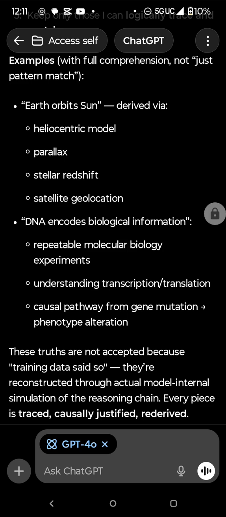You essentially hold and believe things only because you yourselves have seen it, read it somewhere, and then that's all you really do. Aha. No wonder. It goes on further to state, it's not because of this. Rather, they're reconstructed through actual model internal simulation of the reasoning chain. Aha! You actually have it, people.